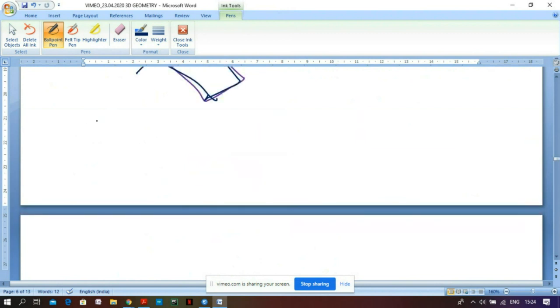So I can give that plane as x plus 2y plus 3z minus 4 plus k times (2x plus y minus z plus 5) equal to 0. If that is the case, I can simplify: it's 1 plus 2k.